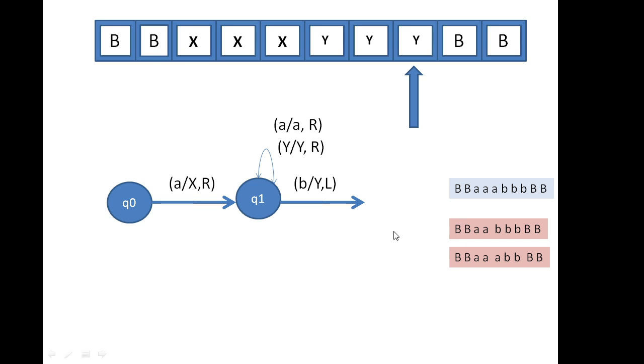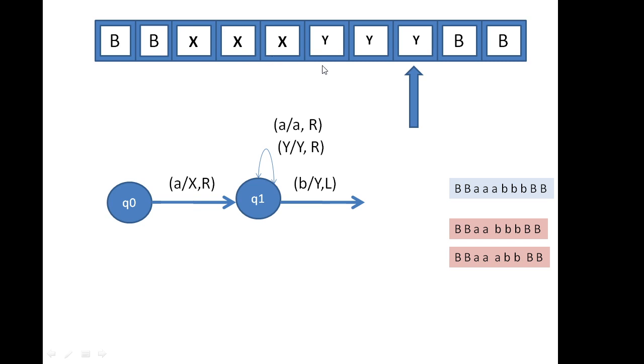Now suppose you've converted the first A into X and converted a B into Y. Again, you traverse over here and convert this A into X. Now you have two X's.